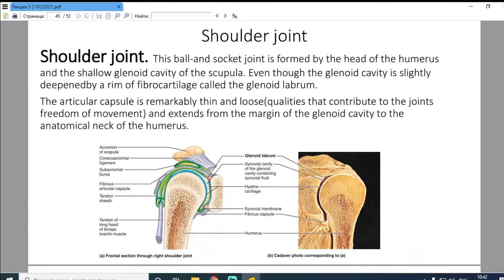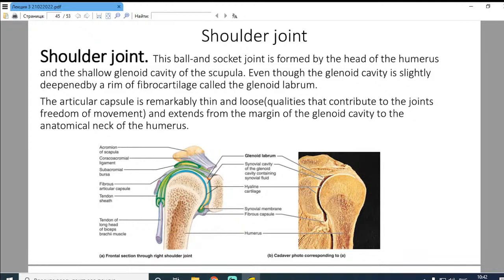The glenoid cavity is slightly deepened by a rim of fibrocartilage called, what you see, the glenoid labrum.